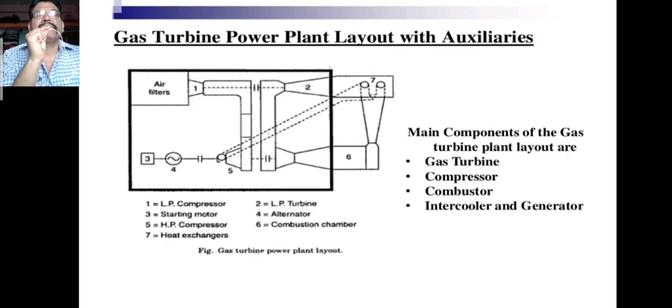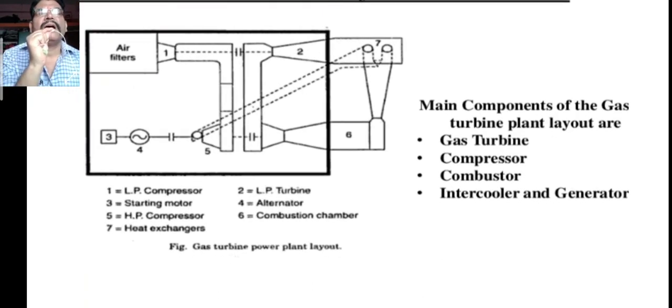Now this is gas turbine power plant layout with auxiliaries. So in the actual layout we can see after the air filter there is part 1, that is low pressure compressor. Then part 2 is low pressure turbine.